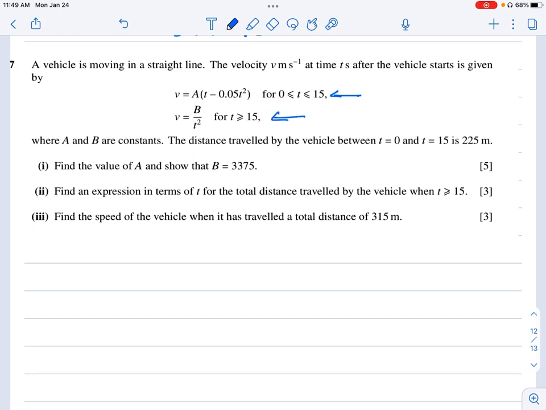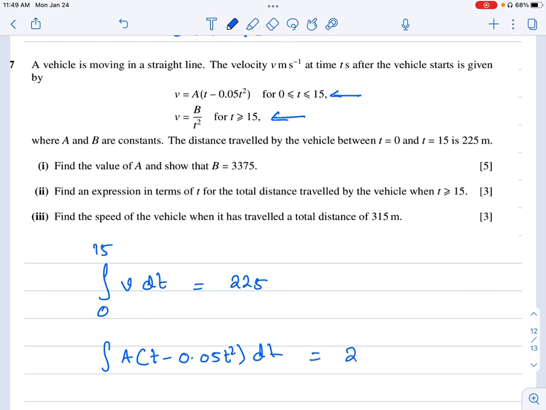The distance traveled by the vehicle between t = 0 to t = 15 is 225, meaning when I integrate the velocity from 0 to 15, I should be getting 225. So the integral of a times t minus 0.05 t squared dt should be equal to 225.